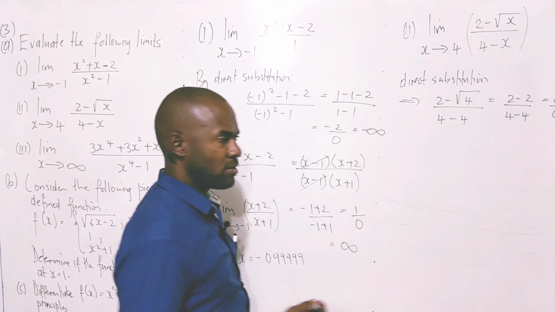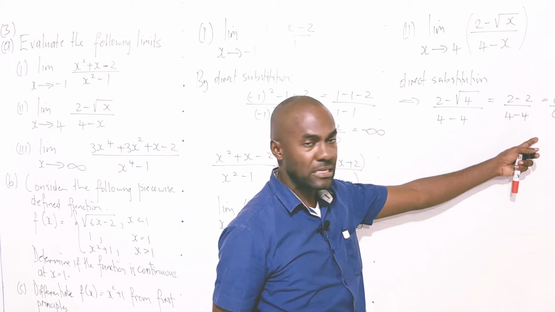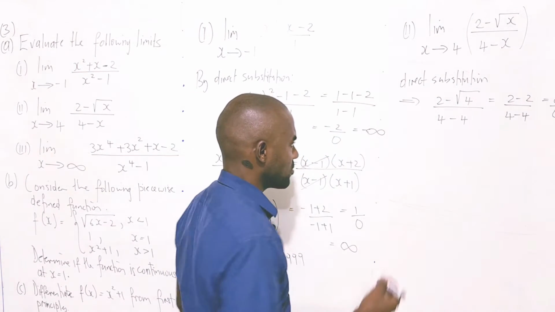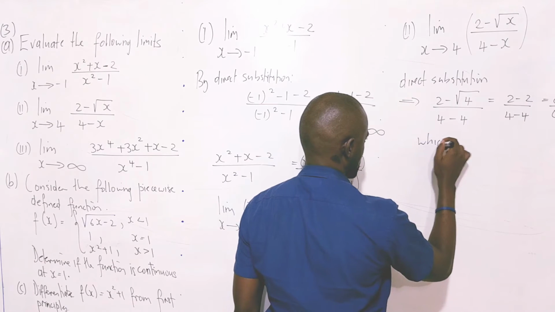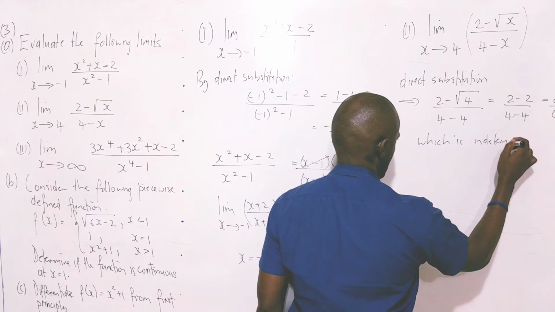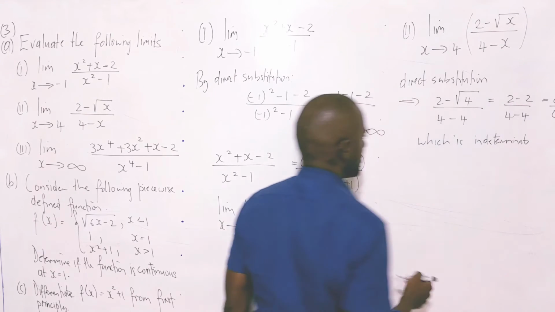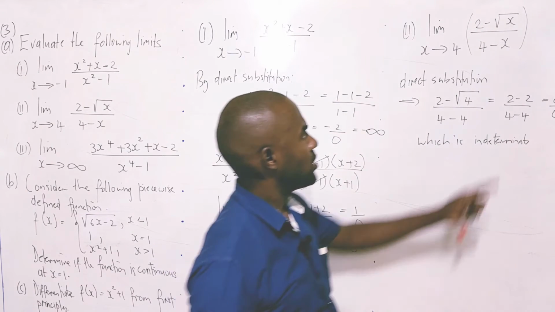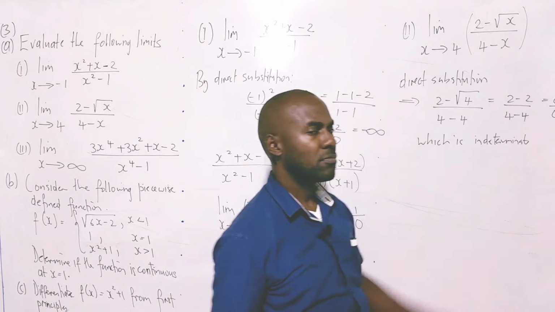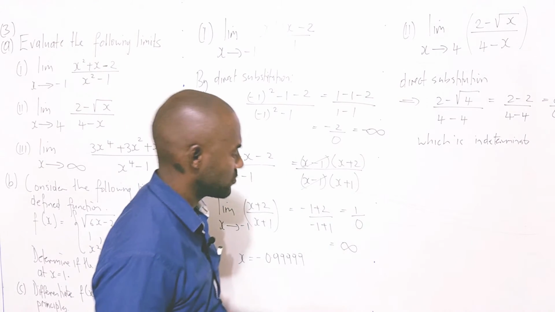Now, whenever we end up with 0 over 0 by direct substitution, we say that this is indeterminate, and therefore we must find a way to simplify the given function before we directly substitute the value of x, which is equal to 4.